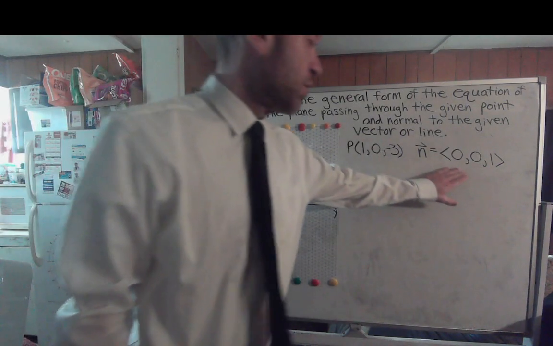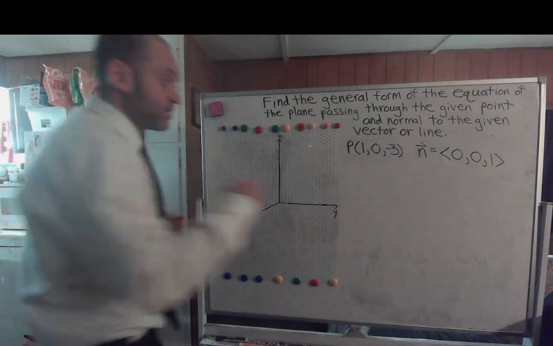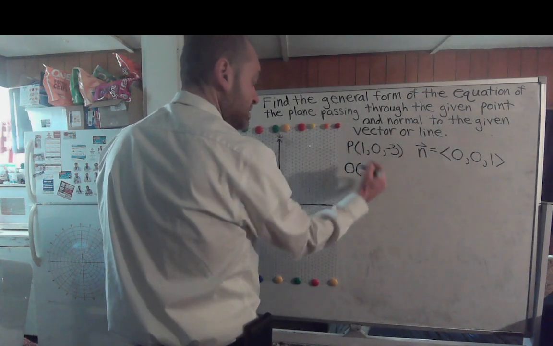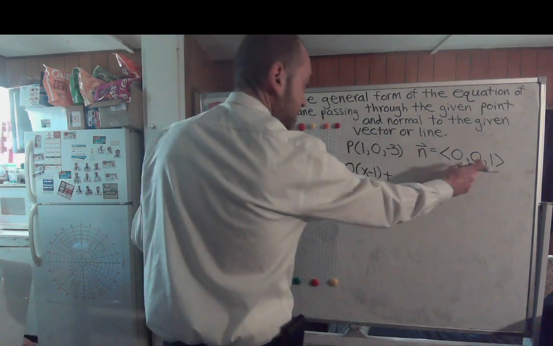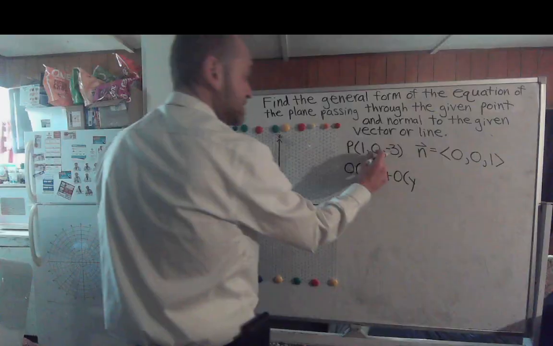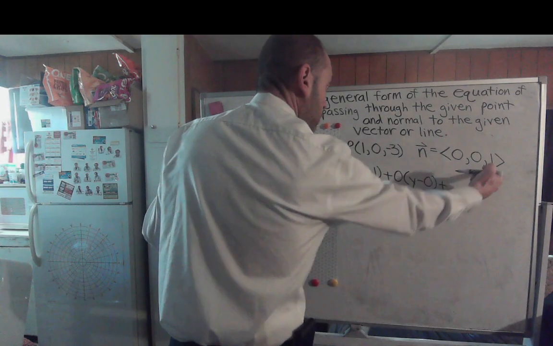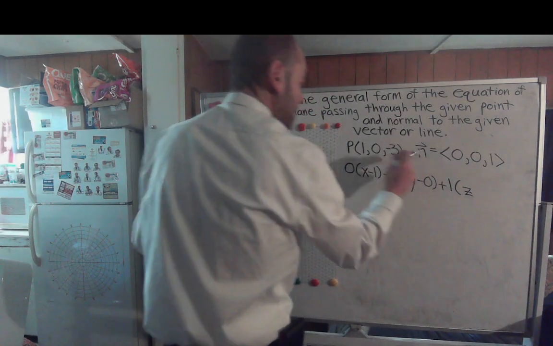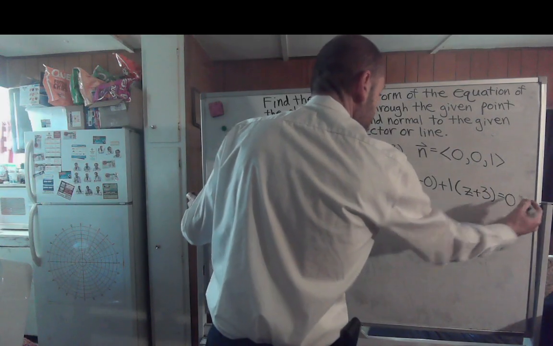Well, that 0, 0, 1, those are our direction numbers. So to start with, take your first component, that's 0, times the quantity of x minus 1 from point P, plus 0 times the quantity of y minus 0 from point P, plus take your 1 from the normal vector, times the quantity of z minus that negative 3, that actually turns into z plus 3, set all that equal to 0.